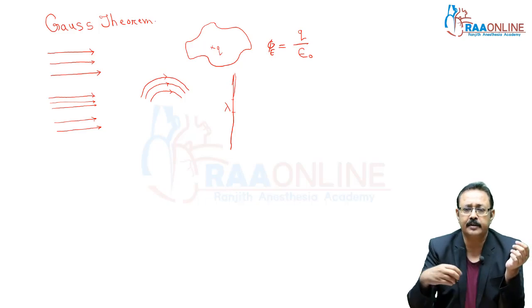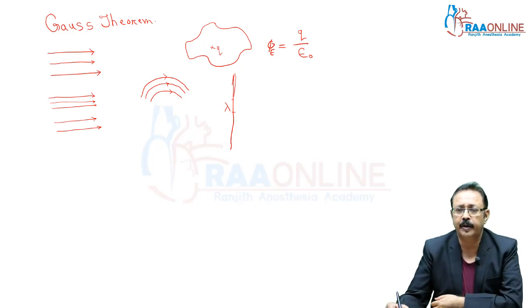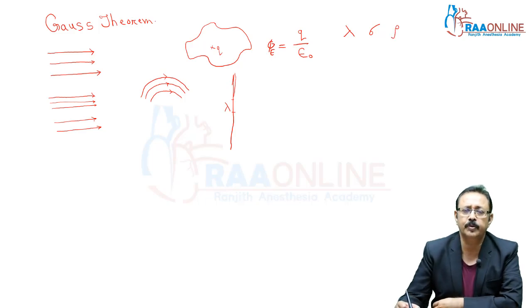Generally, linear charge density is denoted by lambda, surface charge density by sigma, and volumetric charge density by rho.